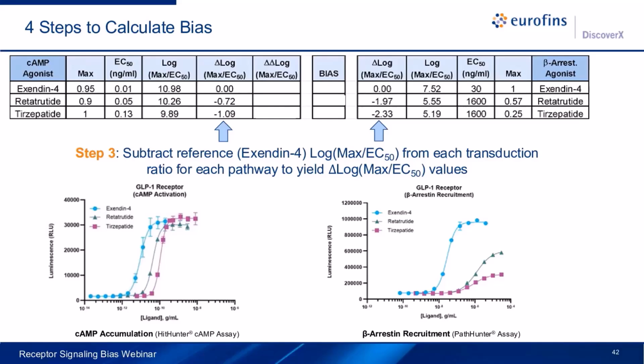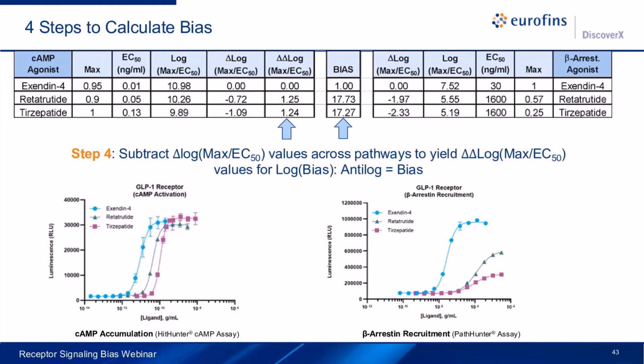And now we have the logarithm of the relative power of these agonists within each assay. Once I do that, I can cross over and calculate bias, which I've done here. That is delta delta log max over EC50, and then take an anti-log.